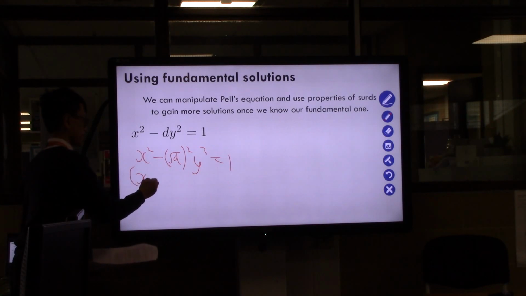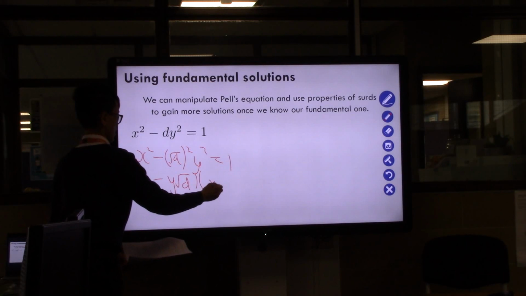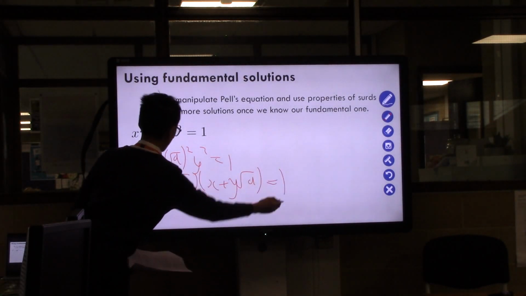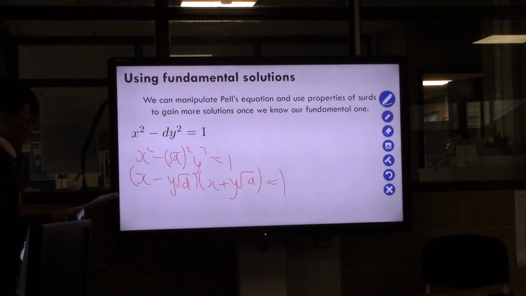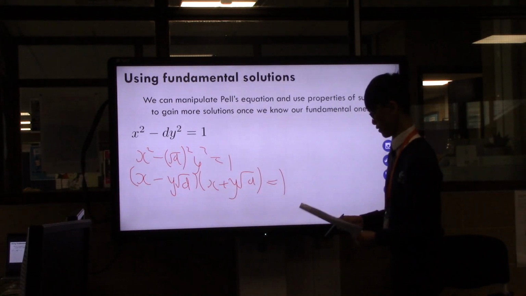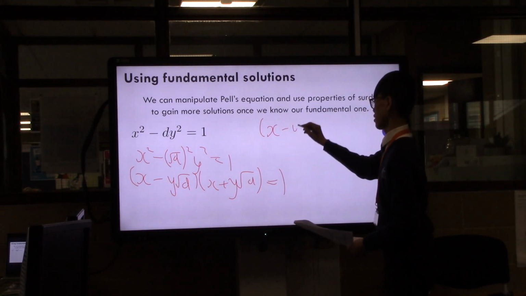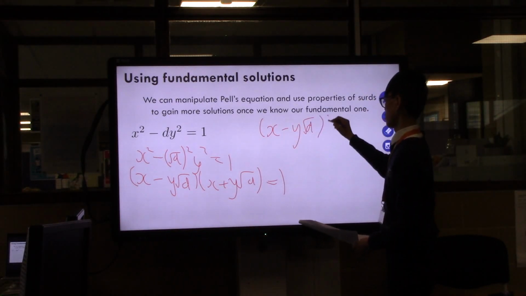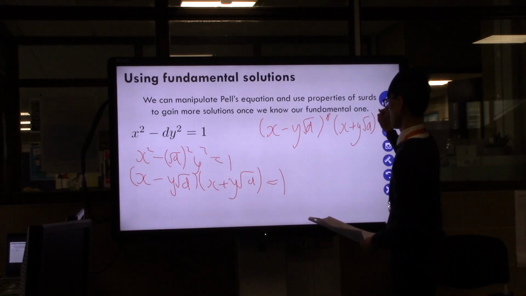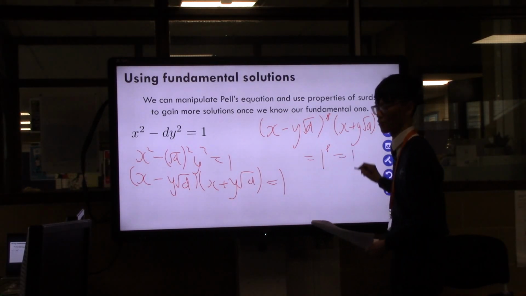So that would be x minus y root d times x plus y root d. That will be equal to 1. And we can raise both sides of this equation to the power, let's say, p. So if we do that, we'd get x minus y root d to the p times x plus y root d to the power p. And that will equal 1 to the p, which is just equal to 1 still.